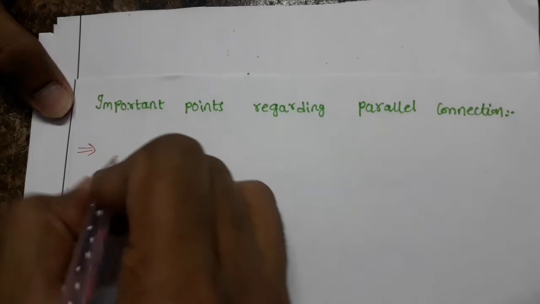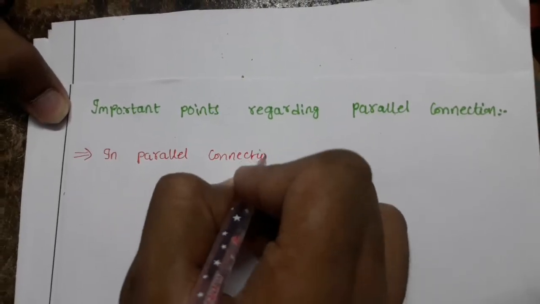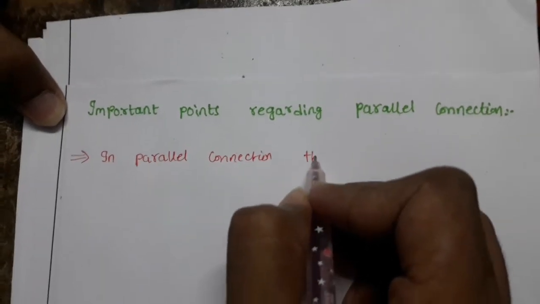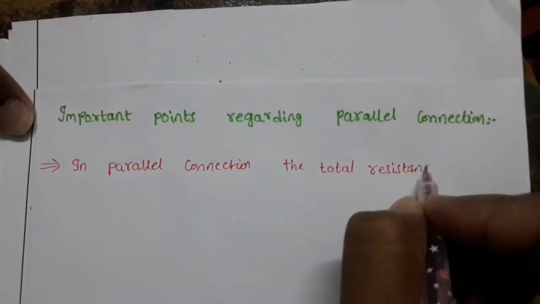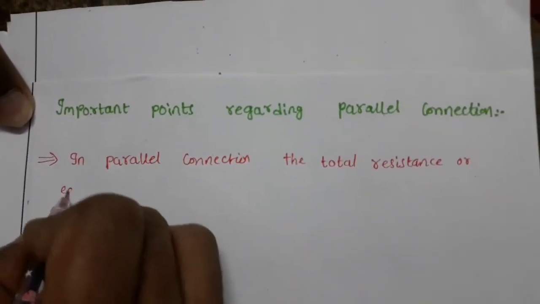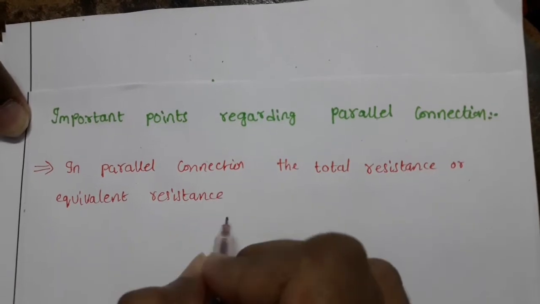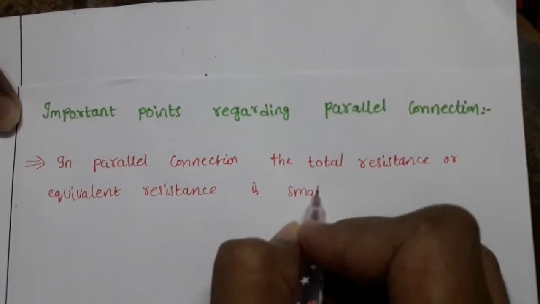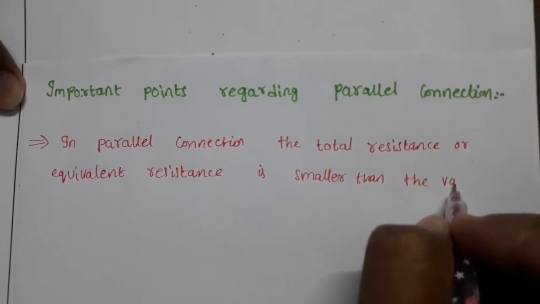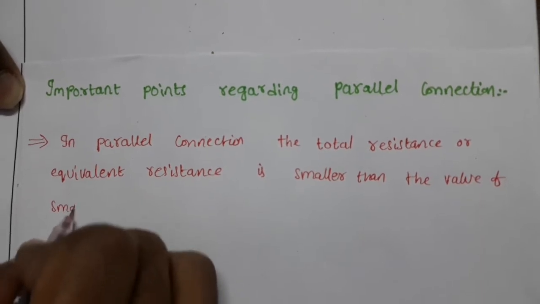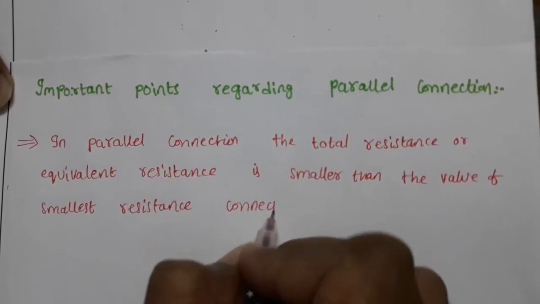In parallel connection, the total resistance or equivalent resistance is smaller than the value of the smallest resistance connected in parallel.